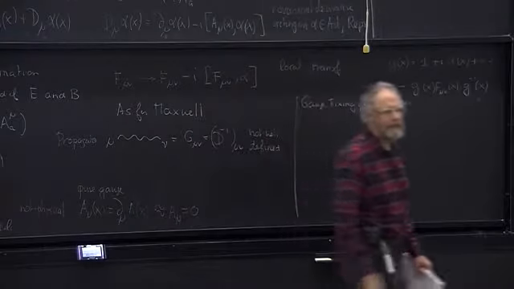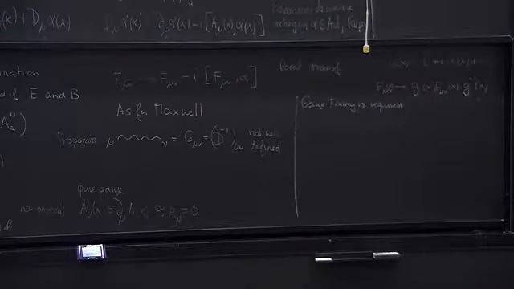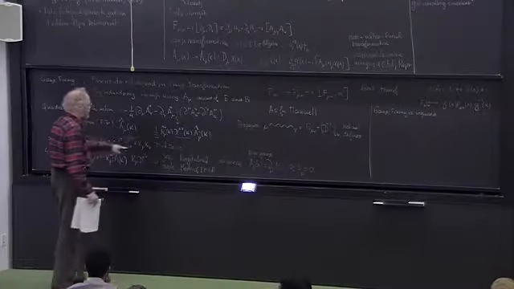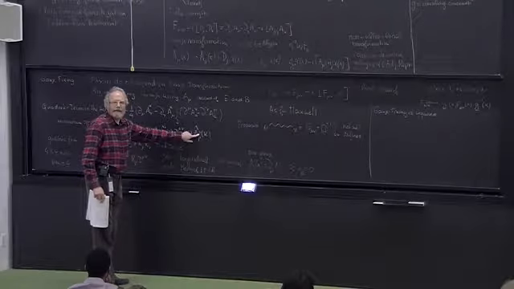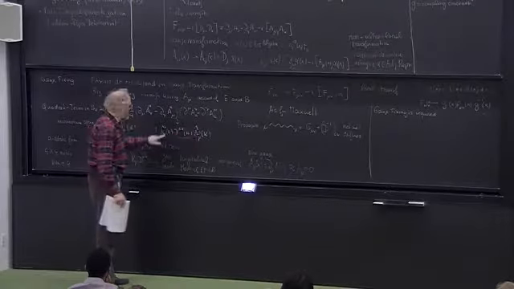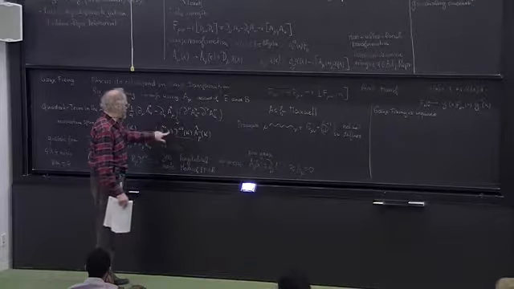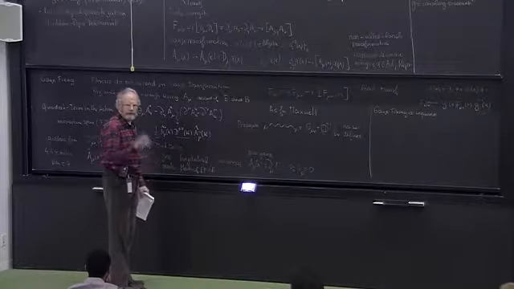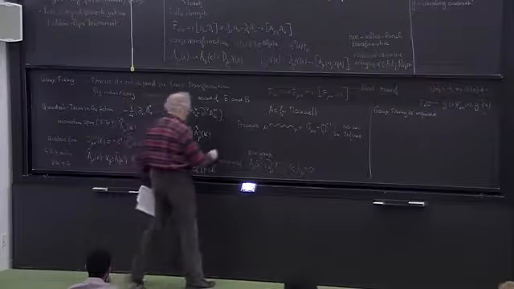Doesn't the A mu have a color index? Oh yes, everywhere there is a color index, but you see, D mu nu here is diagonal in a, like the delta. Yes, because in the quadratic term you have A A, so this is diagonal. But that's a good point.